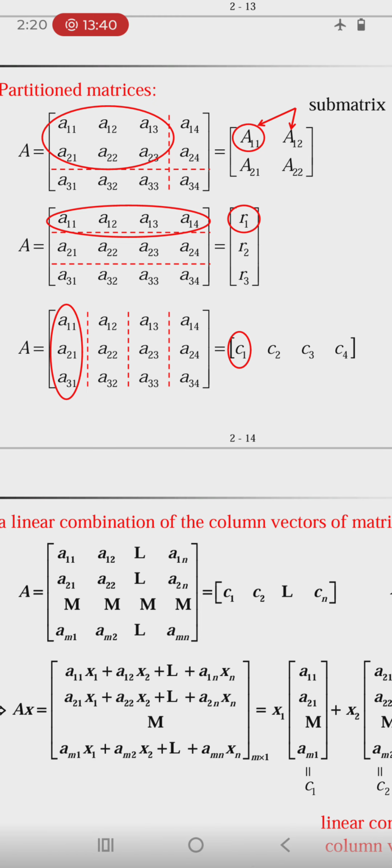Partial matrices. A equals the matrix with first row A11, A12, A13, A14. Then second row A21, A22, A23, A24. And third row A31, A32, A33, A34. This is a 3 by 4 matrix.